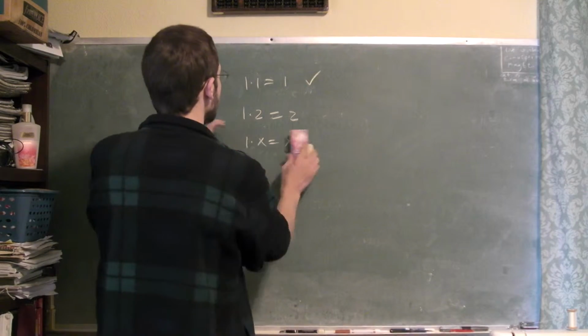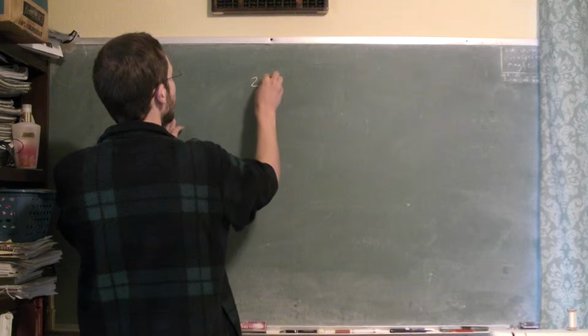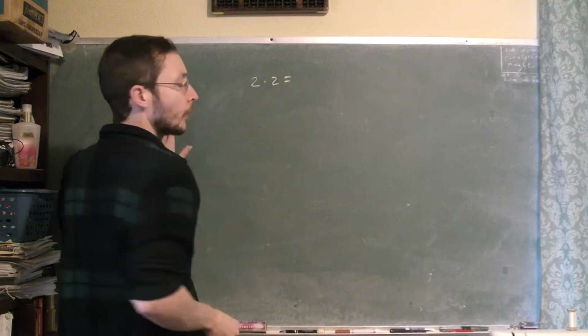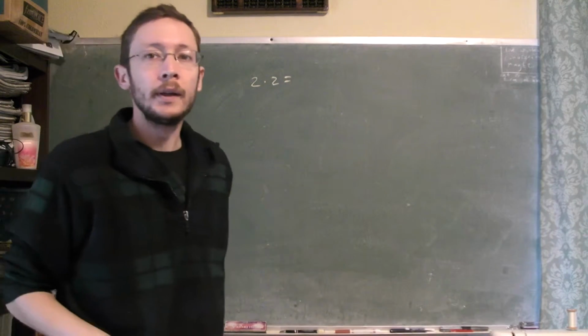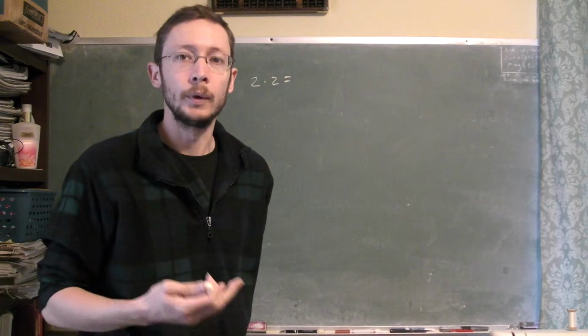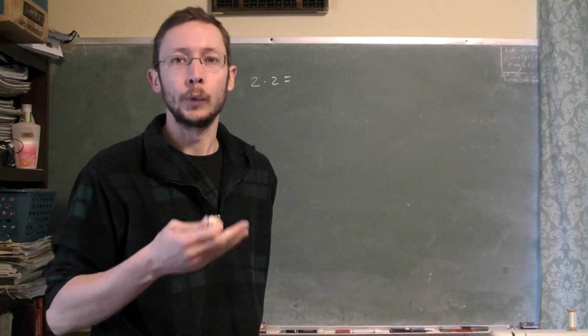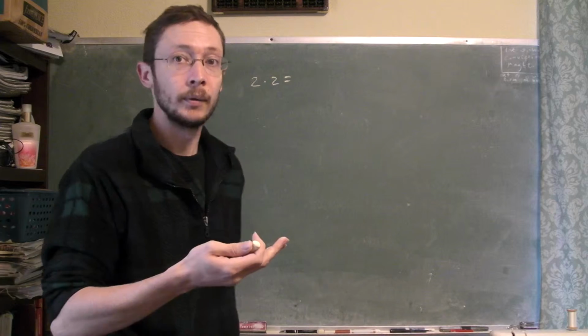So now, let's consider 2 times 2. The only thing that we really know how to do is use multiplication by 1, right? So what we do is we take predecessors, and we use those predecessors to reinterpret things in terms of 1, okay?